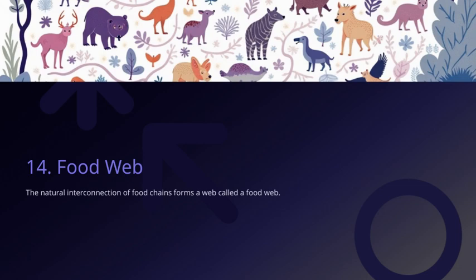Understanding food webs helps us see the bigger picture of how ecosystems stay balanced and resilient. It emphasizes the importance of each species, because if one part of the web is disrupted, it can affect many others. So, as we look at ecosystems, remember that they're all interconnected, much like a web, each strand supporting the whole.